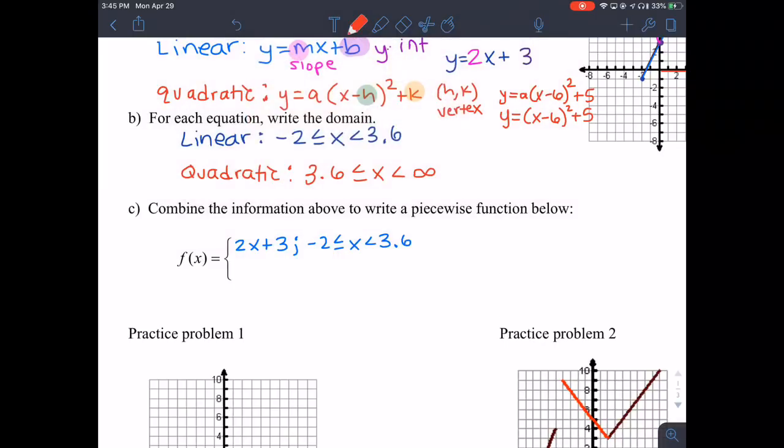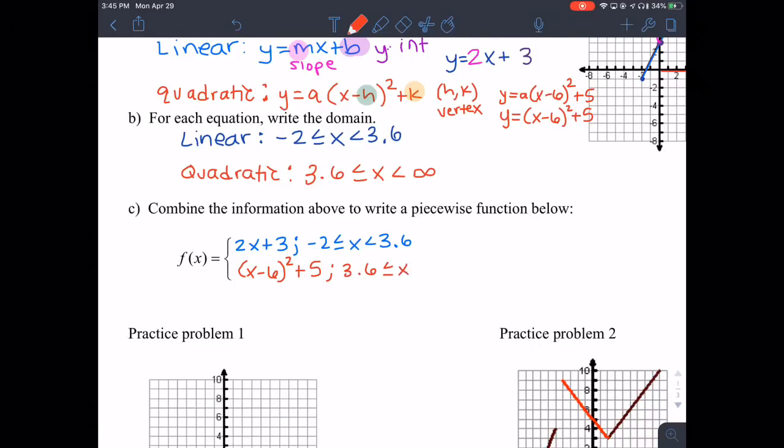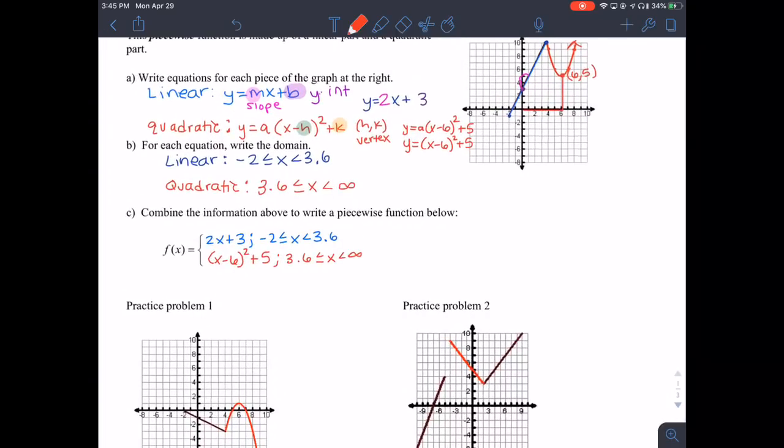Then we can write in our quadratic function, which is (x minus 6) squared plus 5. A semicolon with our domain restriction. 3.6 is less than or equal to x, which is less than infinity. So this is the piecewise function that corresponds with that graph.